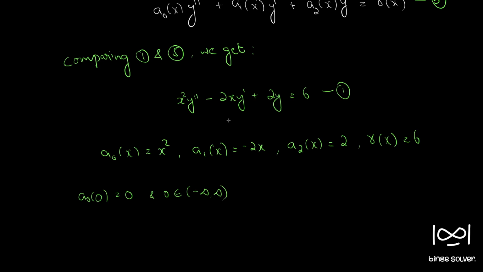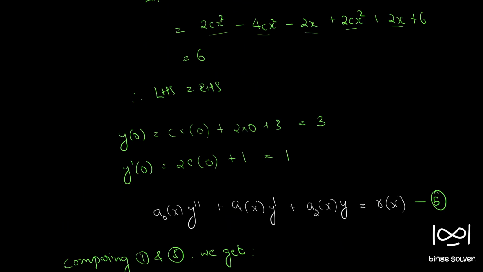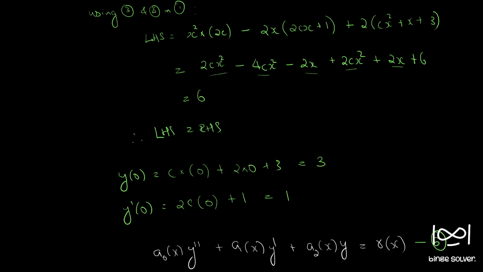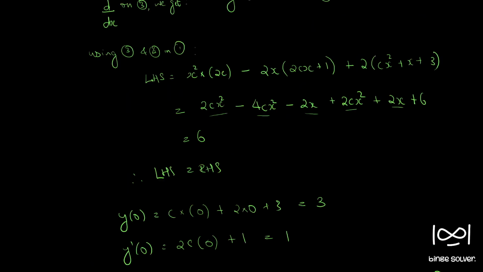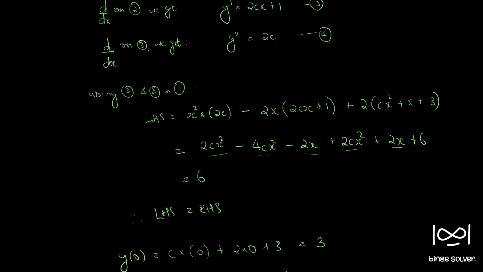We can see from the steps that irrespective of the value of c, y(0) is 3 and y'(0) is 1 at x0 equal to 0, and x0 equal to 0 is a point in the defined interval. So it is a solution for different real values of c, as it satisfies the differential equation also, since all the terms with c cancel out.